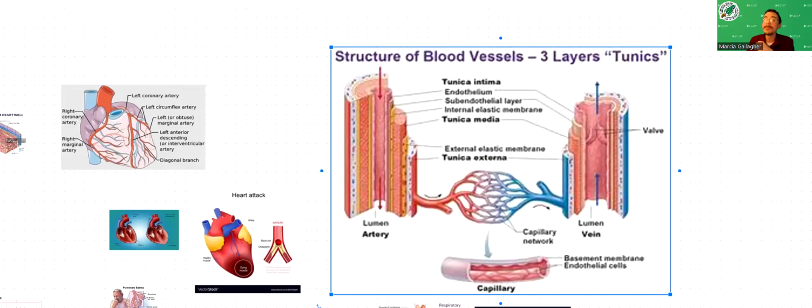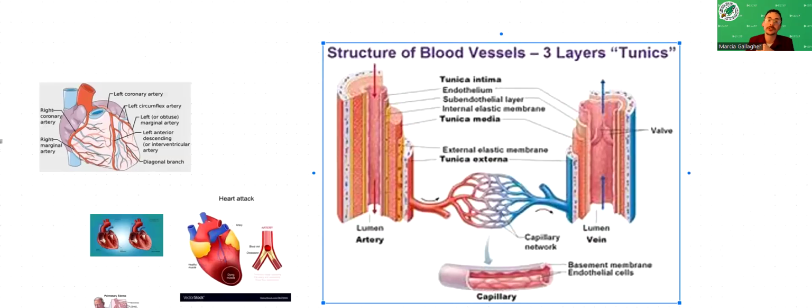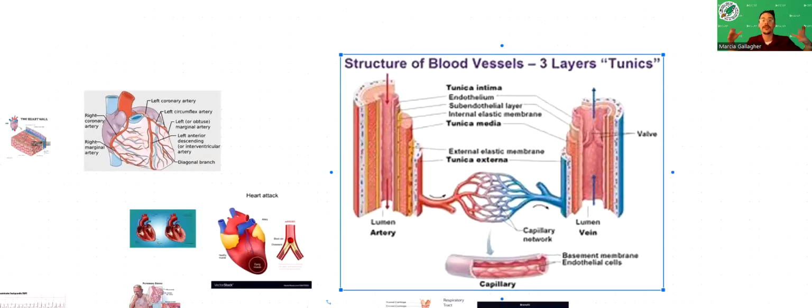The tunica media is the median between the inner and outer layers, and the tunica externa, meaning external or on the outside, is that protective thick layer on the outside of the vessel.